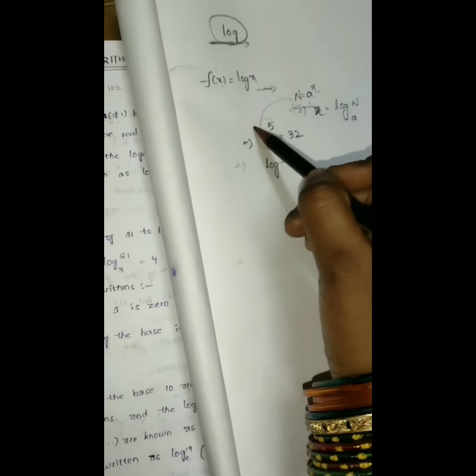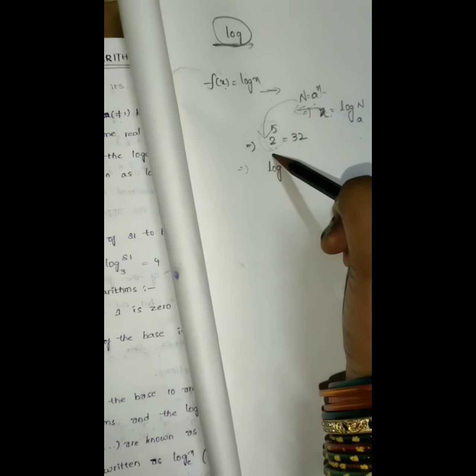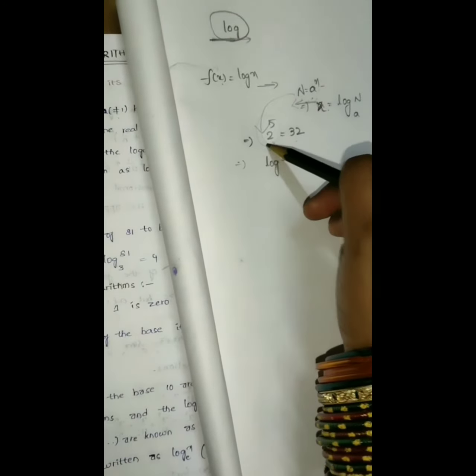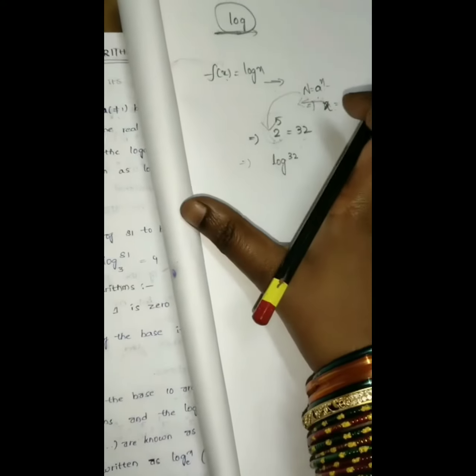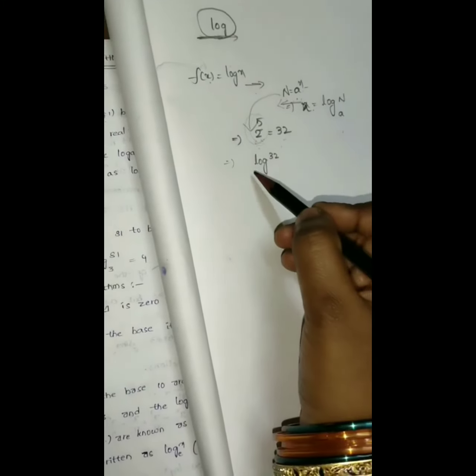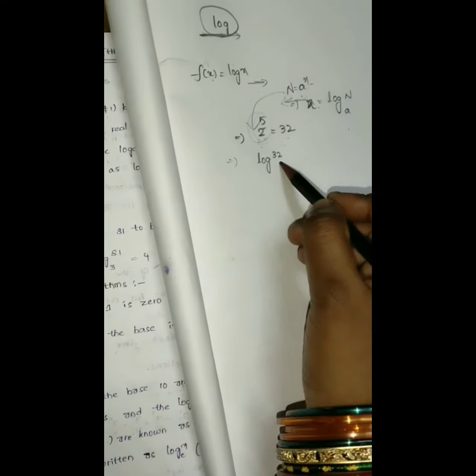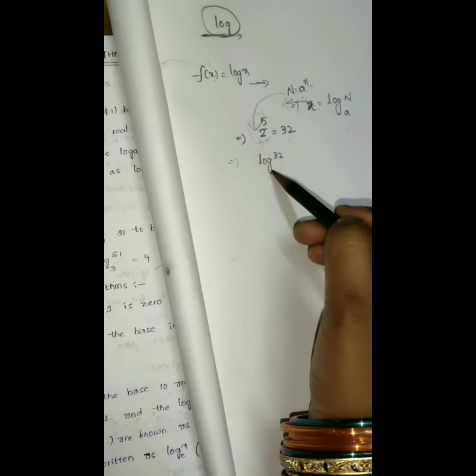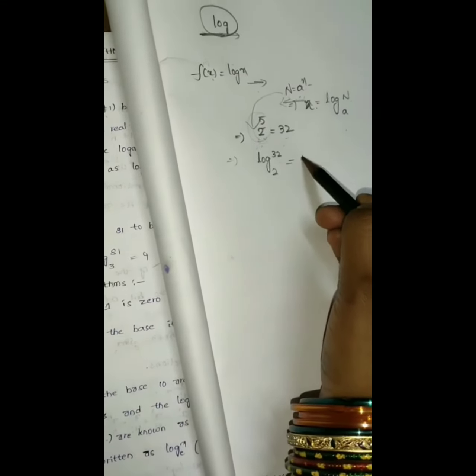So compare this to this. Here N is 32, a is 2, these two are positive real numbers, and the index is 5. So we can write log 32 to the base 2 is equals to 5.